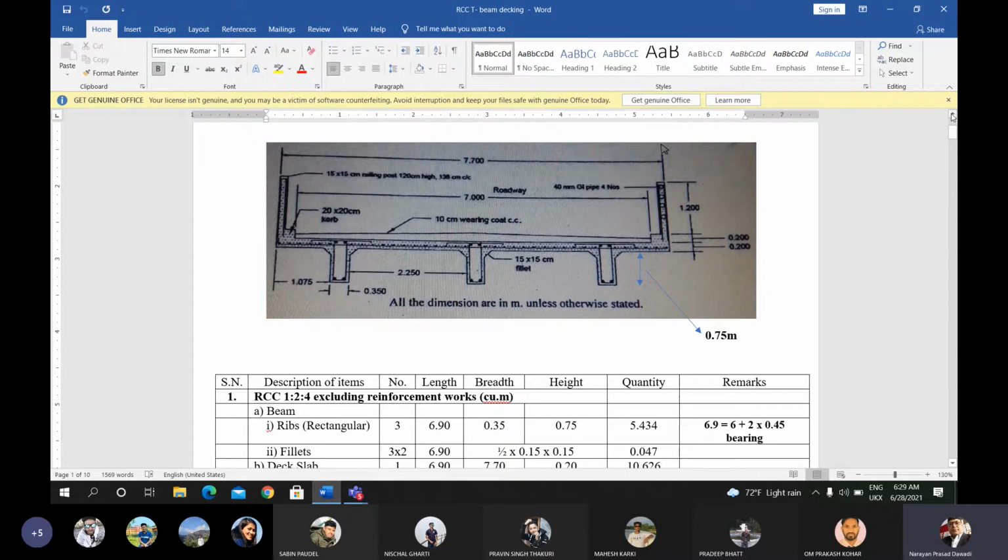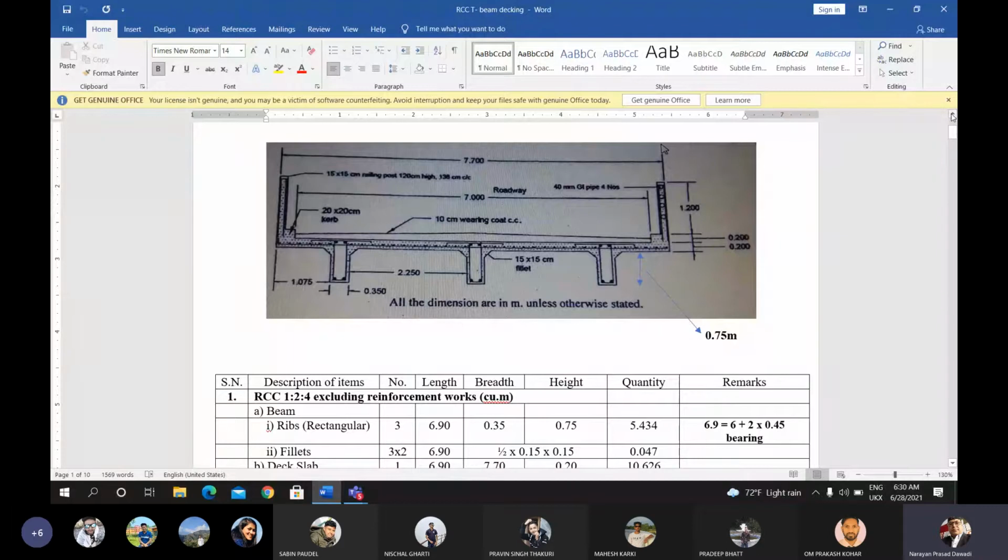The number of railing posts will be the total length of the bridge span, 6.9 meter, divided by the spacing of the railing post, 1.38, plus one number added for the initial point. So you will get the number of railing posts for each side.